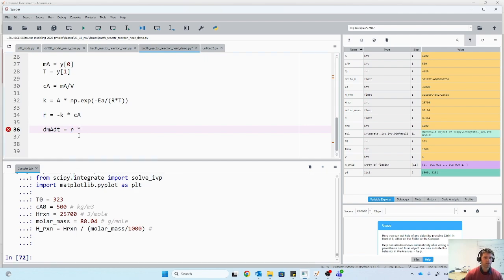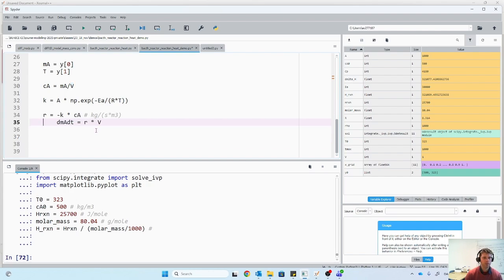And because the reaction is right now in units of kilograms per second per cubic meter, therefore we need to multiply it by the volume of the system. But in this case, the volume is 1 cubic meter, so it will not make a difference in this case.